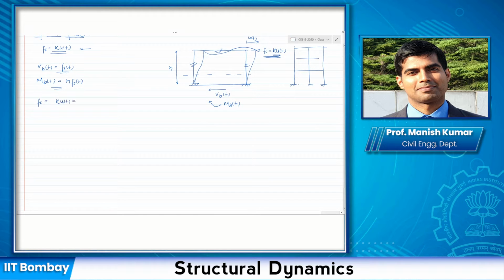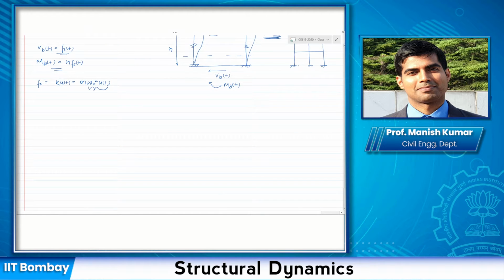When I write the equivalent static force, it is K times u(t), and K is nothing but m omega_n squared, times u(t). If you look at this quantity here, I'm going to write this as m a(t), where a is the pseudo acceleration.